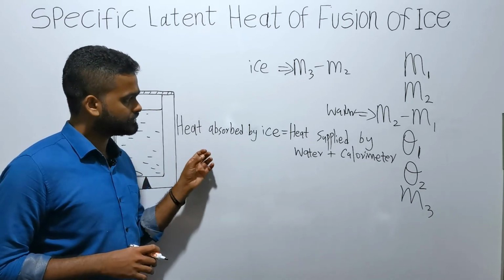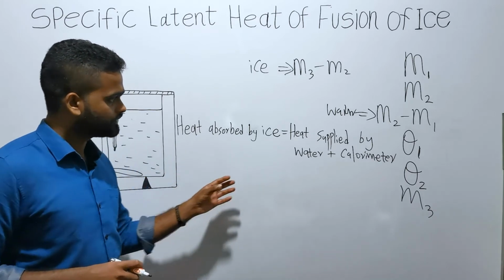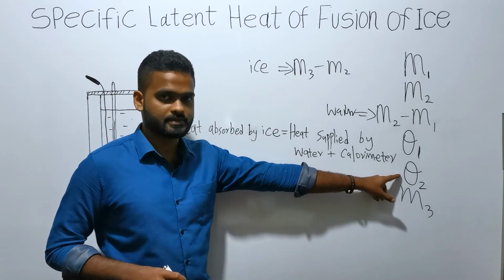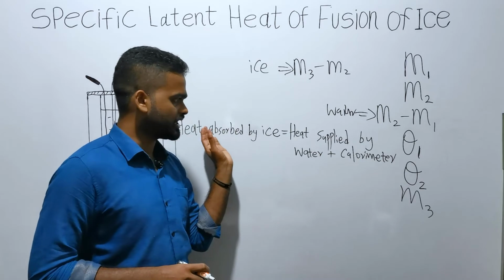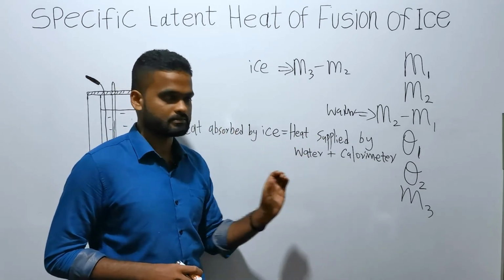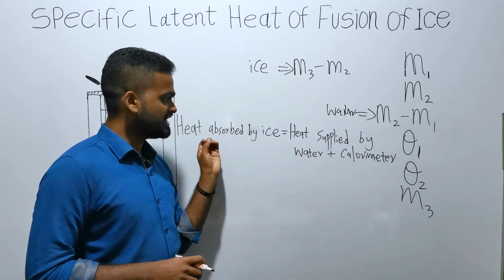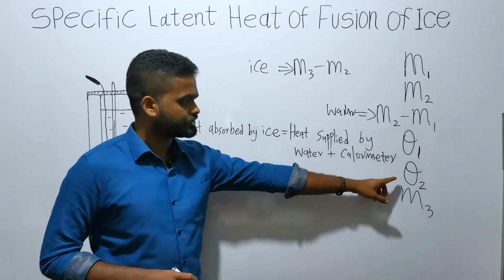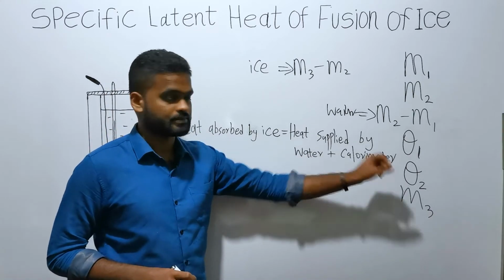Then that 0 centigrade water would come to the temperature theta 2, the minimum temperature of the system, since they are coming to thermal equilibrium.